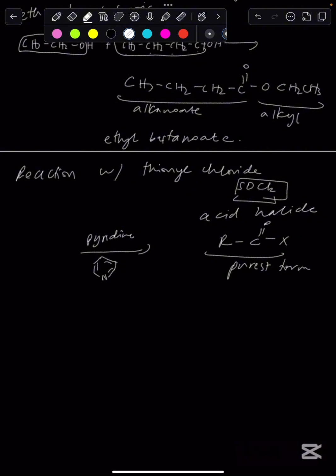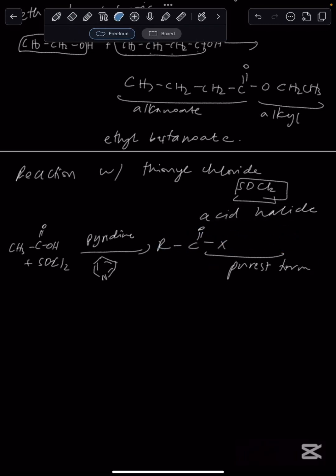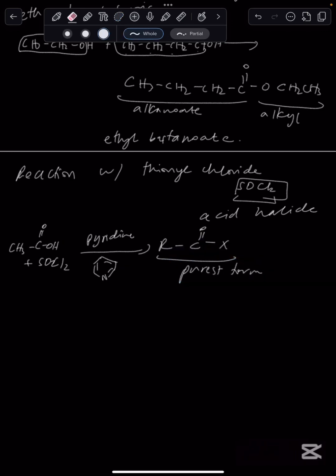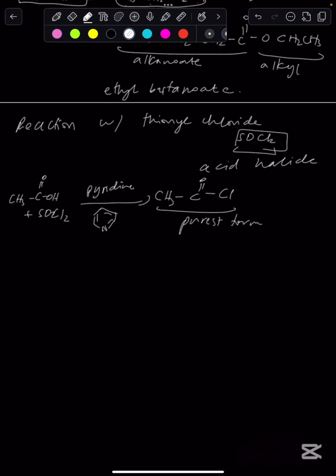So with the thionyl chloride molecule, what will form is the corresponding acid halide, which is ethanoyl chloride, with the removal of HCl. So the hydroxyl group is going to be removed, and then the Cl group is going to attach itself to that.